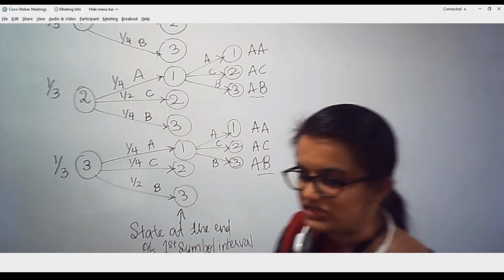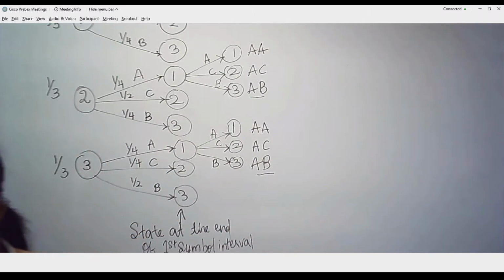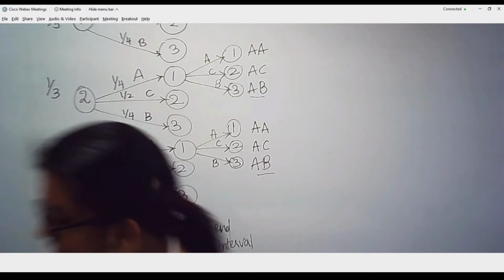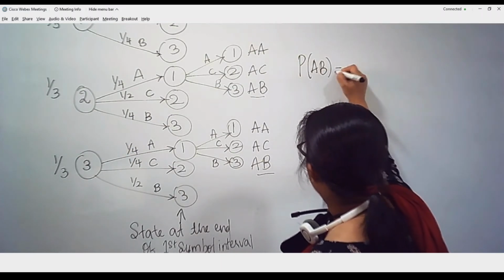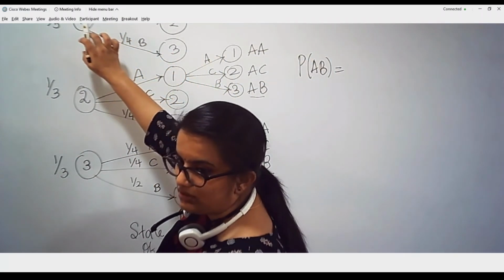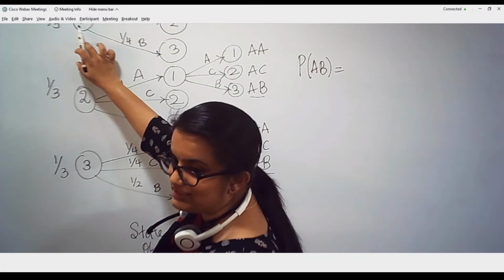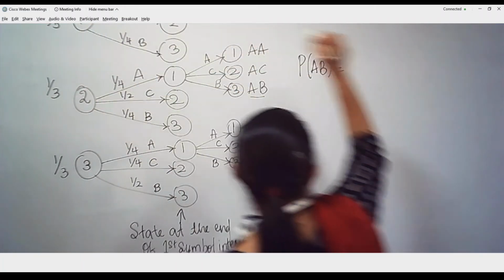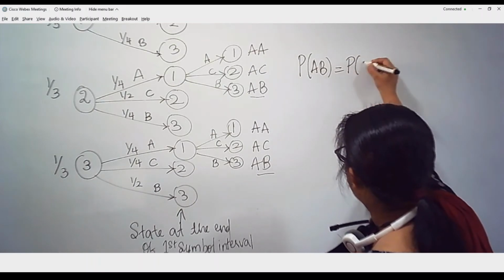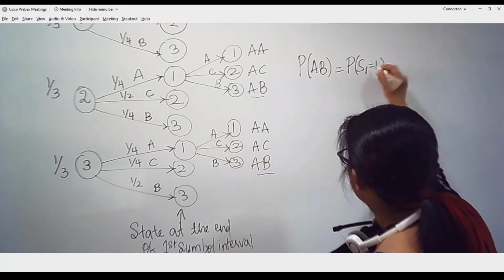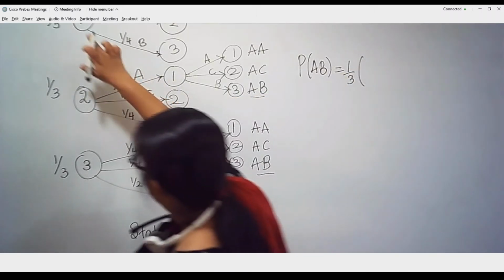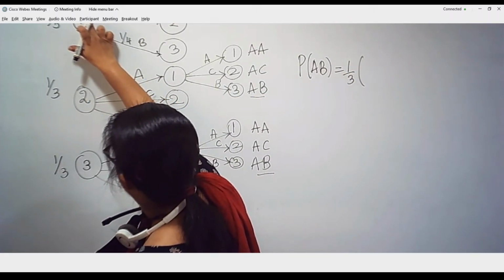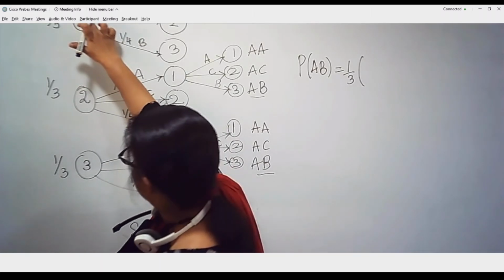Now if I want to measure the probability of the message AB, I need to follow this process. The probability of AB is equal to the probability of the source starting at the first state. It is given by the probability of starting from state S1, which is equal to 1 by 3, multiplied by the probability that the state transition happens from 1 to 1.